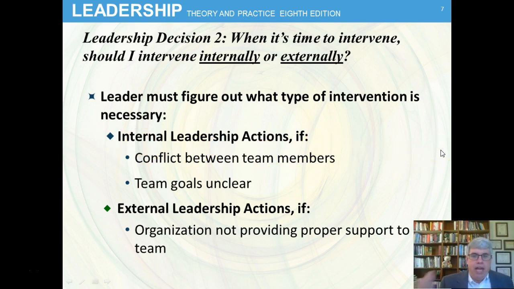And that would be, for example, if there's conflict between members or if the team goals are unclear. Those are things that the team needs to deal with within the team. But sometimes external leadership actions are necessary. For example, if the organization is not providing the proper support to the team, some type of external intervention with people outside of the team is necessary.